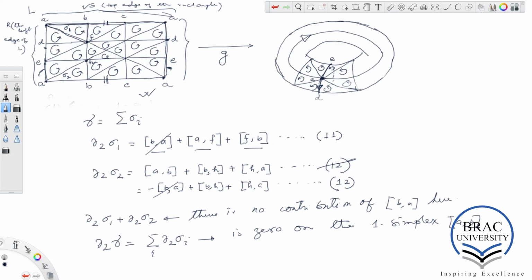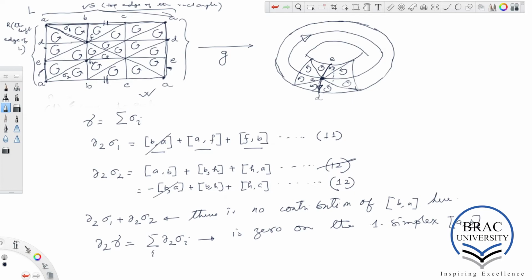One can similarly see that for any other one simplex that does not belong to the boundary of L, one can explicitly check that delta 2 gamma is going to be 0 on that one simplex.